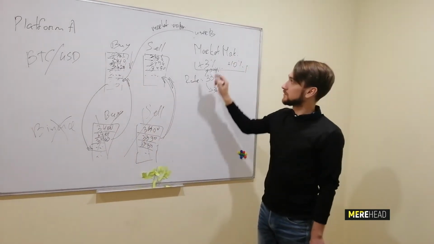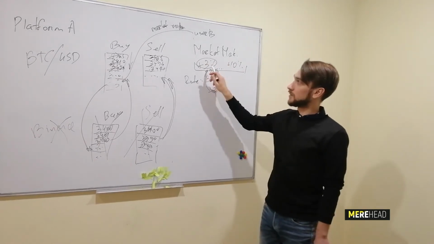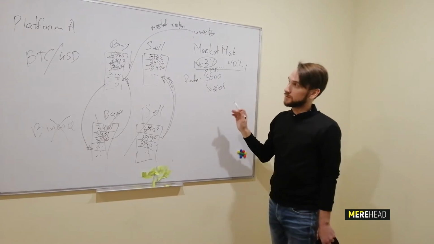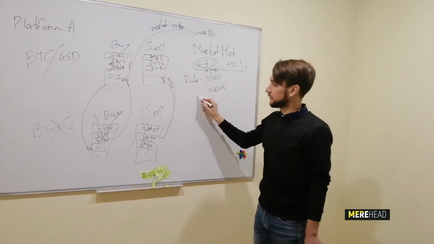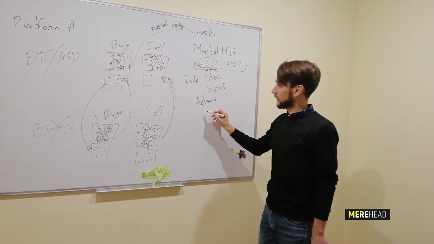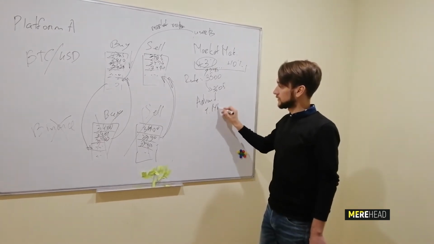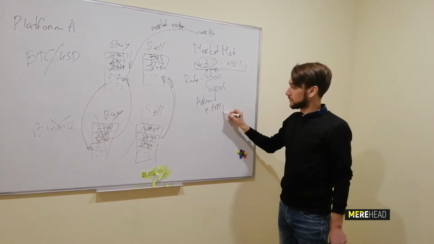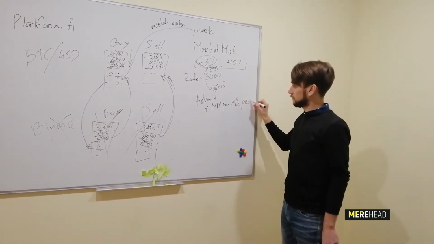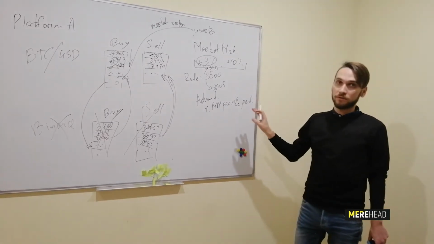By using this mechanism, you will receive a profit of about plus 3%. And this is the first benefit of using market makers. Advantages: market makers, MM, provide profit. You can make money using only market makers.